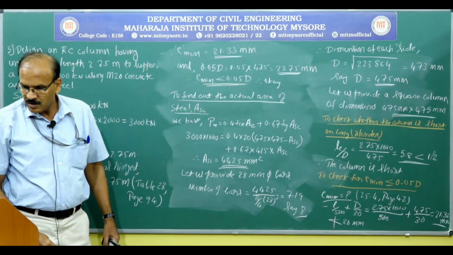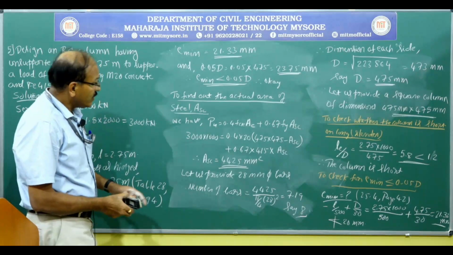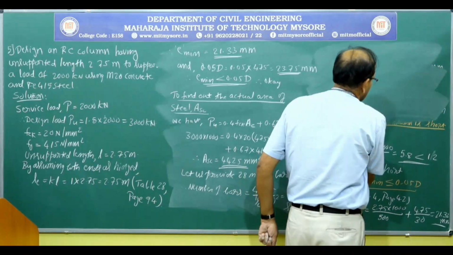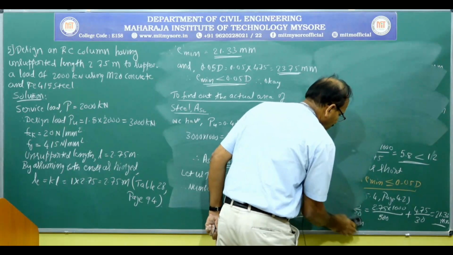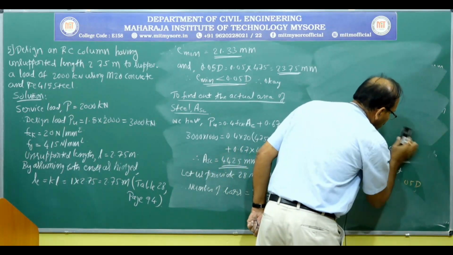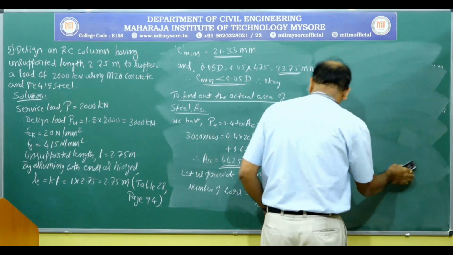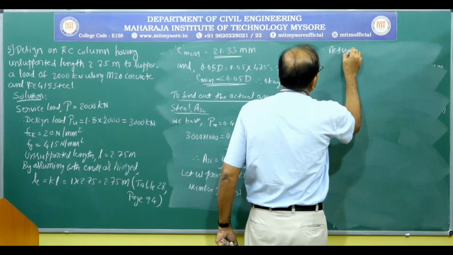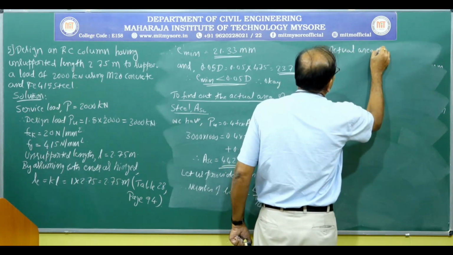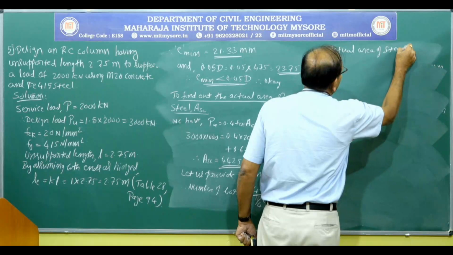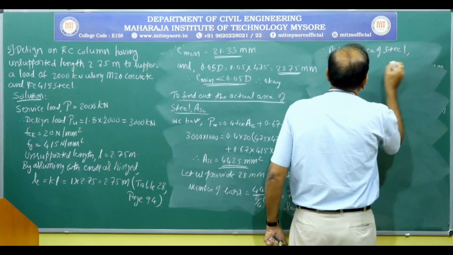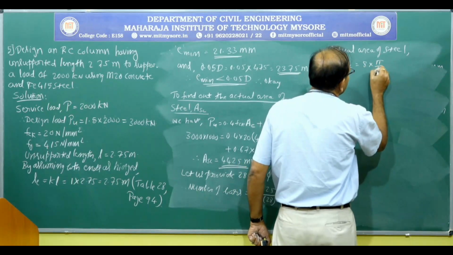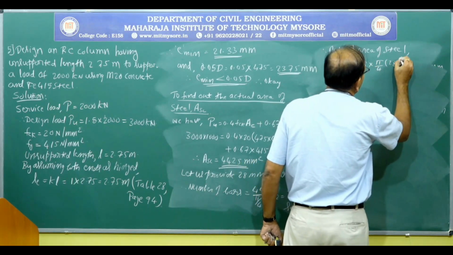Okay. So once we provided 8 bars, therefore actual area of steel, ASC equal to 8 bars multiplied by pi by 4, 28 square.